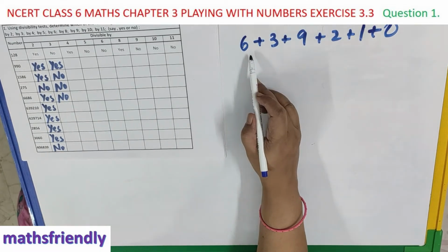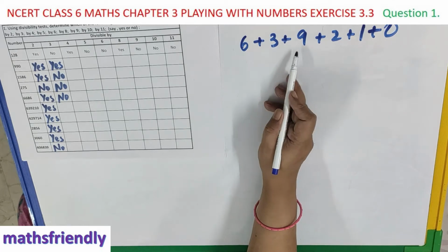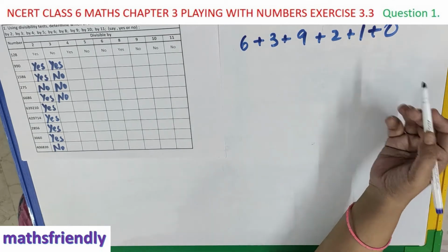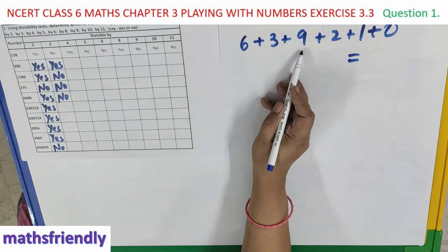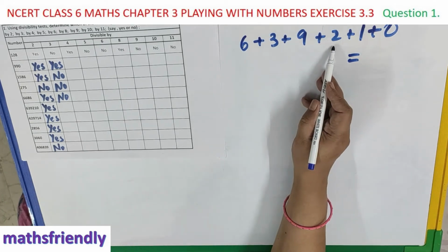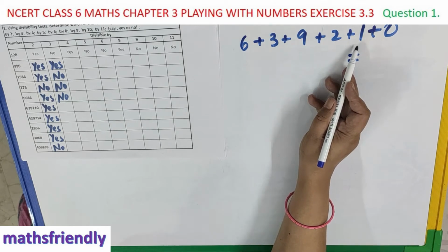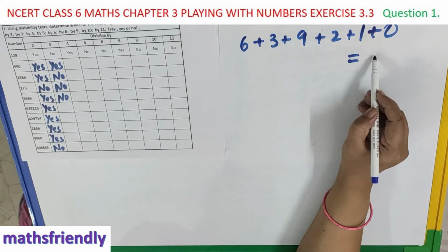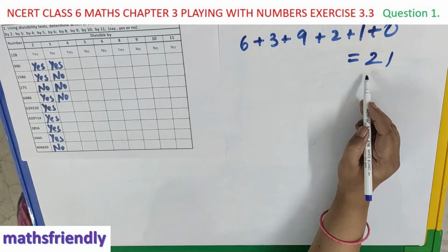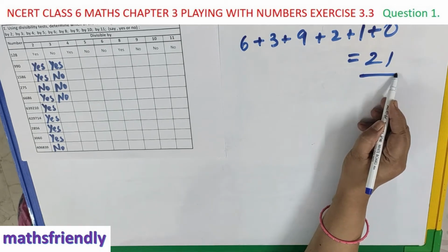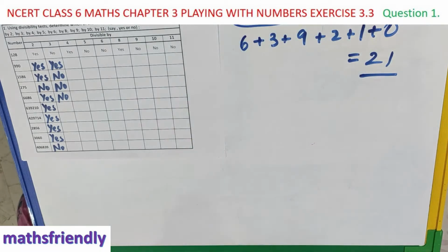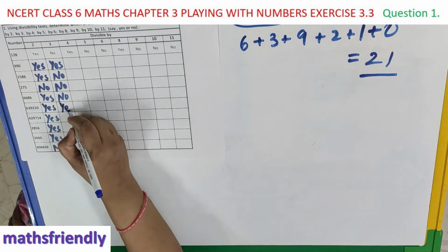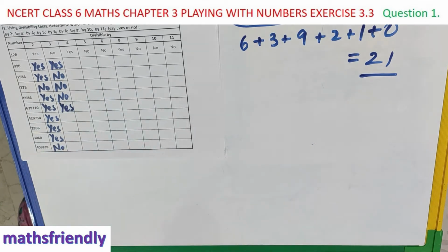So we are adding the digits: 6 plus 3 plus 9 plus 2 plus 1 plus 0. 6 plus 3 is 9, 9 plus 9 is 18, 18 plus 2 is 20 and 20 plus 1 is 21, 21 plus 0 is 21. Okay. So 21 is divisible by 3. It means this number itself is divisible by 3. We will write yes, this is divisible by 3.